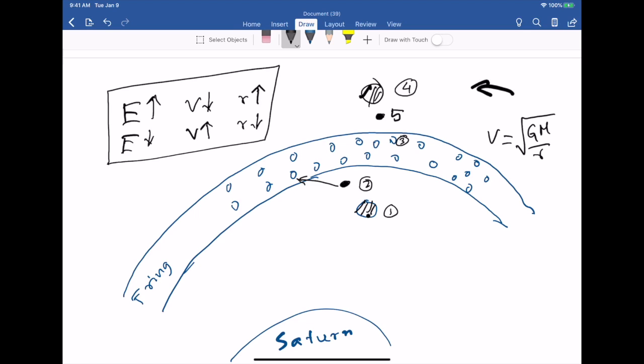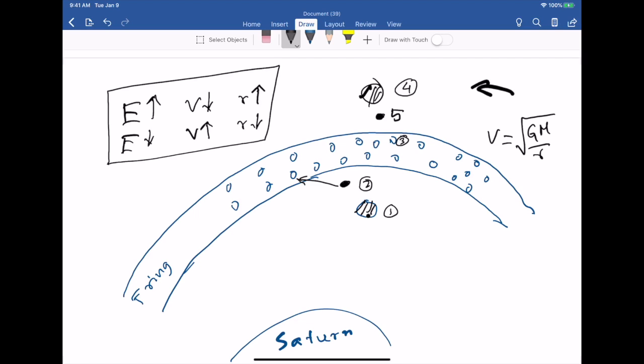So what's going to happen is that every time 5 passes by the outer shepherd moon, it's going to feel a tug from the outer shepherd moon, which is going to pull it backwards because the outer shepherd moon is moving slower than it, right?